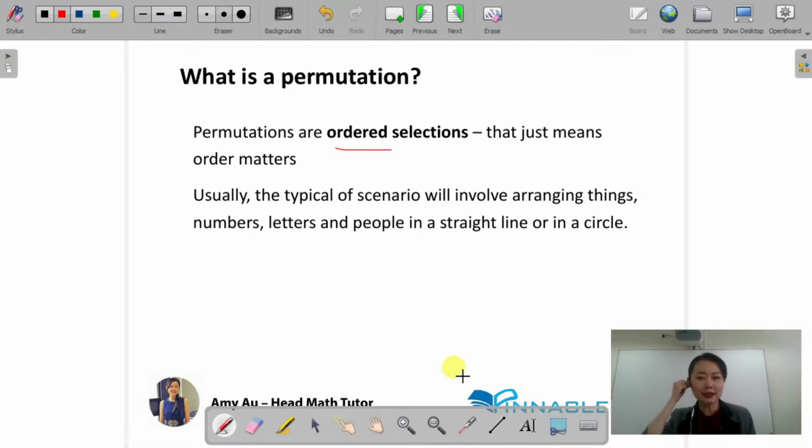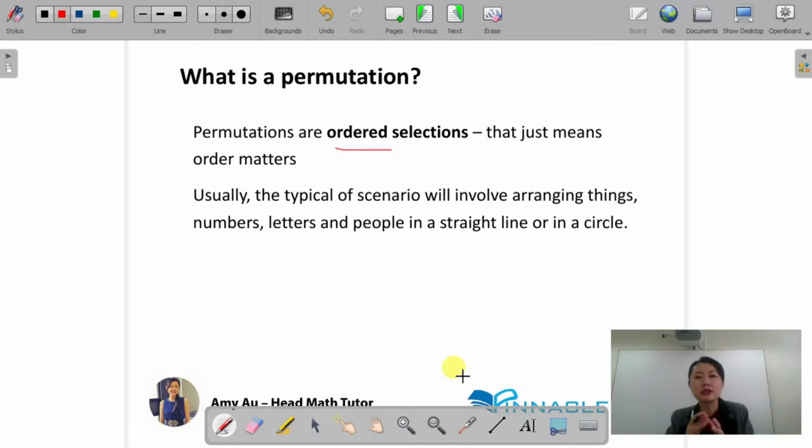It doesn't make a lot of sense unless you see a few examples. So what exactly are ordered selections? Think of the typical questions you see in this area: arranging things in a row, arranging things in a circle, arranging numbers, letters, people, things. We'll come across all sorts of things.